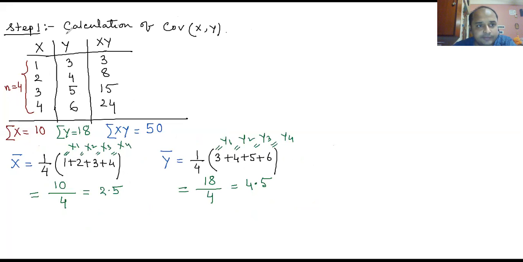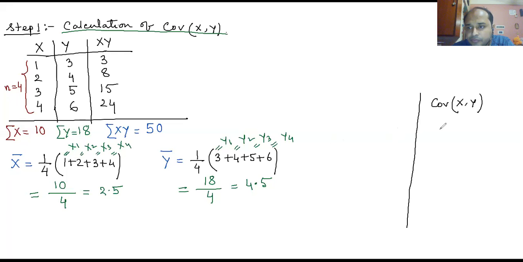So we need to calculate the term. What was the formula of covariance? Let me write it once again, because several times we have lost our screen because of the connectivity problem. So the formula for covariance xy was 1 by n summation xy inside bracket minus x bar y bar.